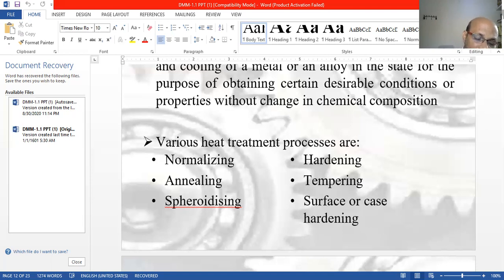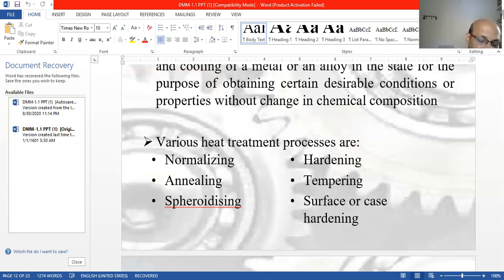This type of treatment we apply to shock absorbers, gears, ball bearings and railway wheels. These are the applications where we apply surface hardening processes.